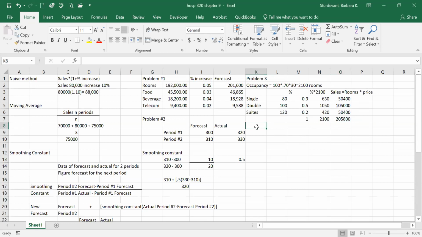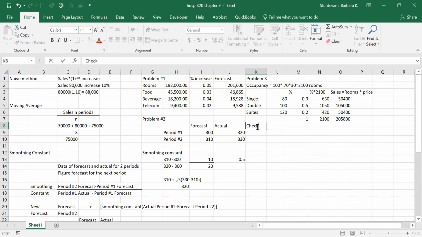All right, and let's go to the restaurant. And so in the restaurant, coffee shop, we have 3 meals a day. They gave us the turnover for each and the average check. And there are 50 seats. So when we're doing restaurant, we're talking turnover.